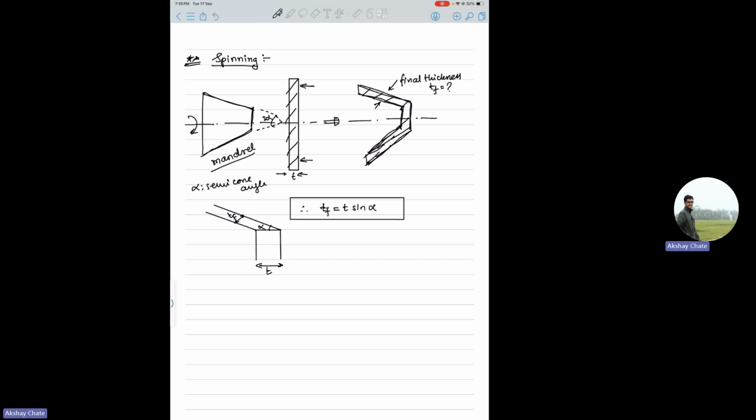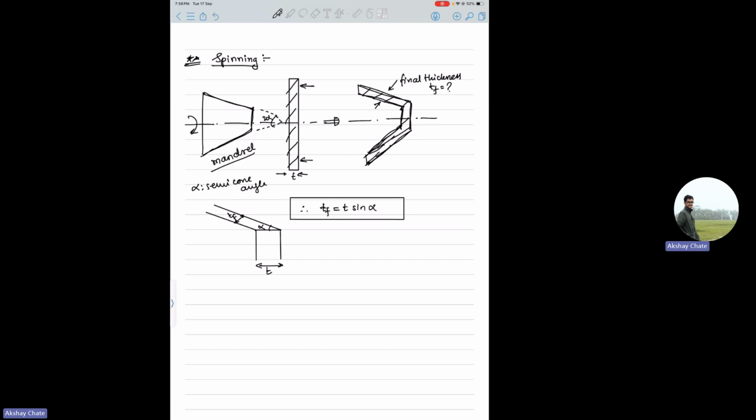Okay, so this is more or less the end of the discussion. Sometimes they ask a question in the case of drawing operation, where they will give you the cup dimensions observed after the drawing.